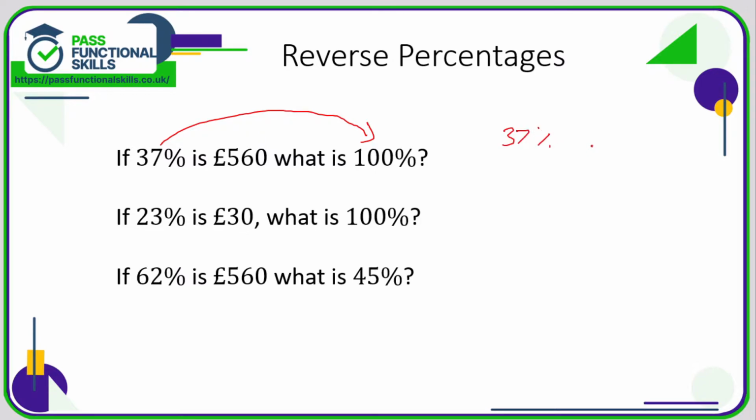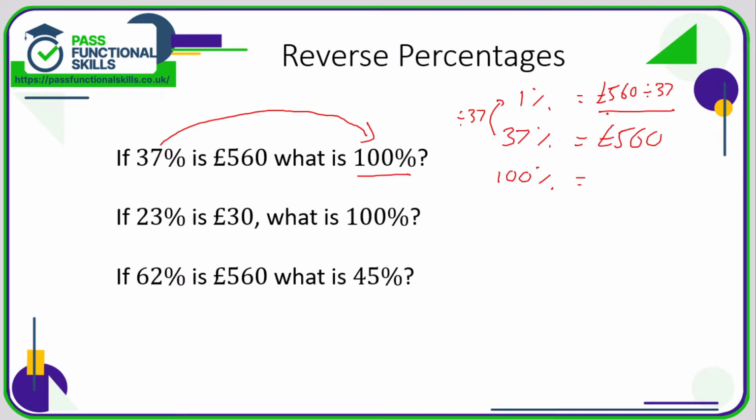So I'm just going to write 37% equals 560. Now I'm going to work out 1% and then work out 100%. Now 1% is 37 times less than 37%. So our calculation for 1% is going to be 560 divided by 37. You could write in the actual value. I prefer not to bother, to be honest, because I don't really care what 1% is, because I only want 100%.